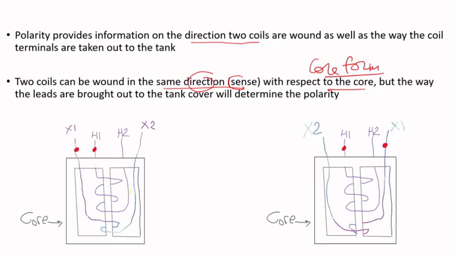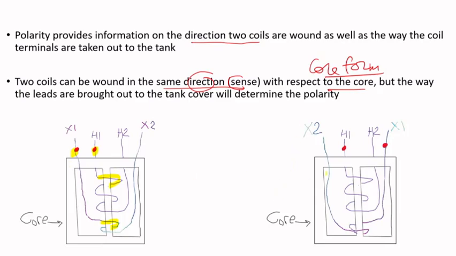If you follow the high voltage here, you see it goes over the core, then under. If you look at the low voltage, it's the same direction. It goes over, then under. So they are wound in the same direction. The way we signify that is by this dot here. What the dot really means is the direction of these two coils.